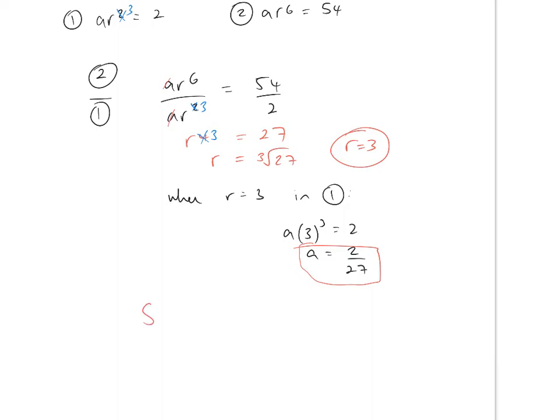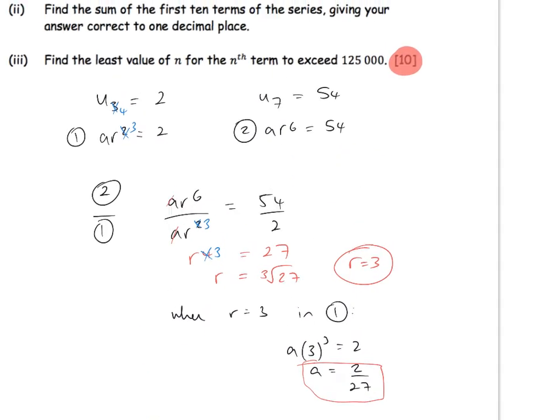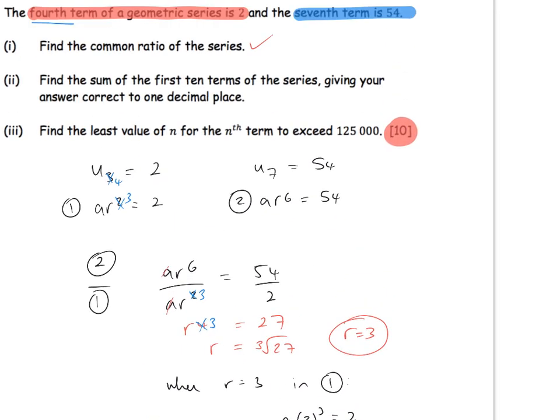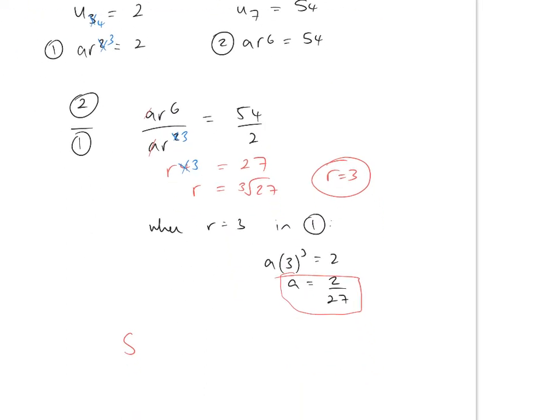So now we want Sn, where n is the sum of the first 10 terms. So it's going to be S10 is equal to A, which we've just worked out is 2 over 27, and then 1 minus R to the n. R is 3, and then n is 10, and it's all over 1 minus 3.